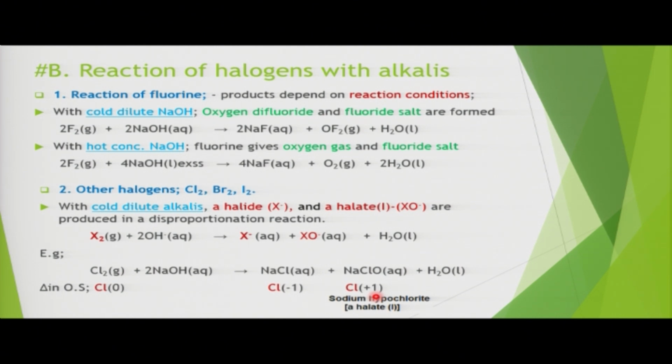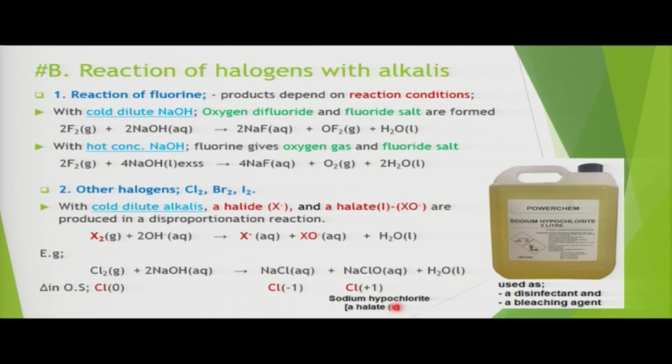So we are having chlorine existing in +1 oxidation state. That's why it is called halate 1. And this sodium hypochlorite is a disinfectant and a bleaching agent. It's normally used in industries and even in normal pharmaceutical labs and so on.